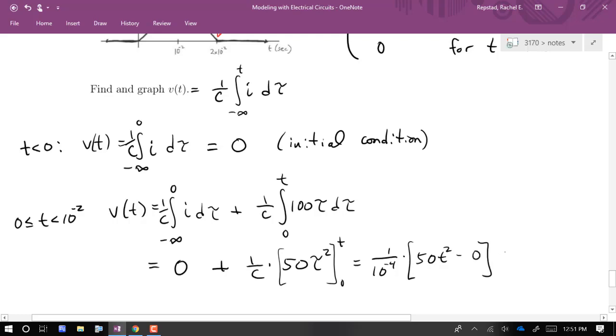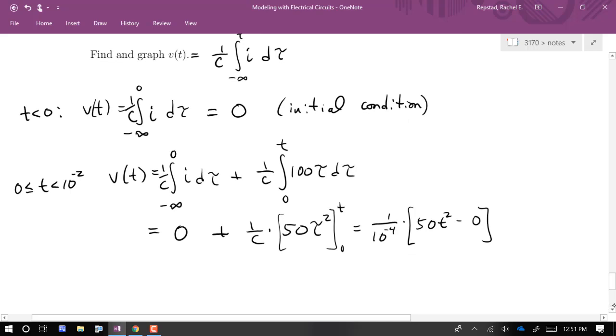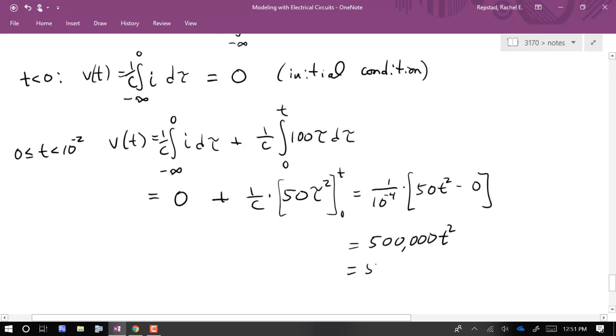So we have, let's see, that would be 500,000 t squared, or 5 times 10 to the 5th t squared volts. So that's valid on the interval from 0 up to 10 to the negative 2.